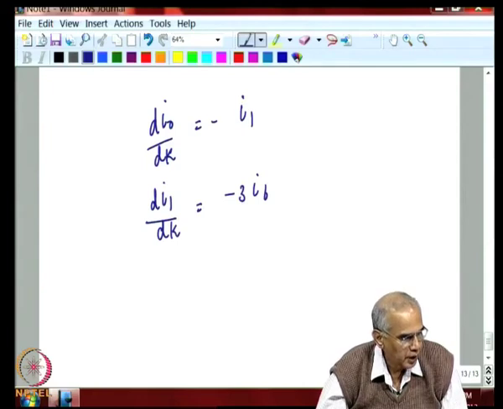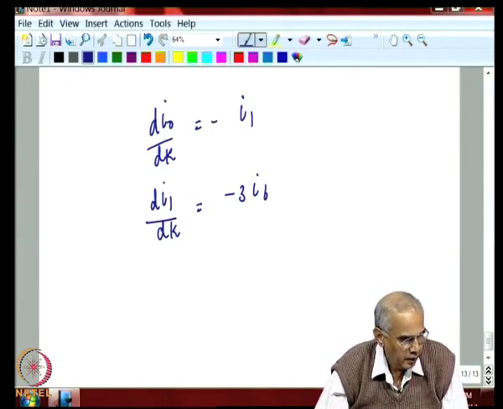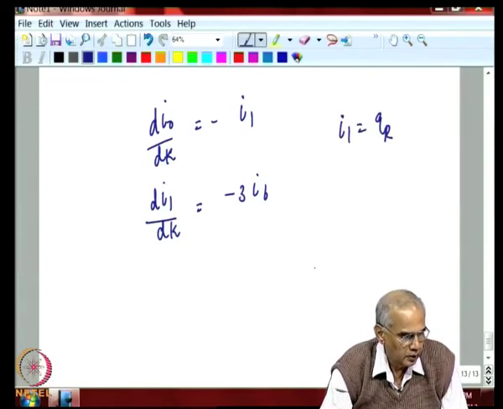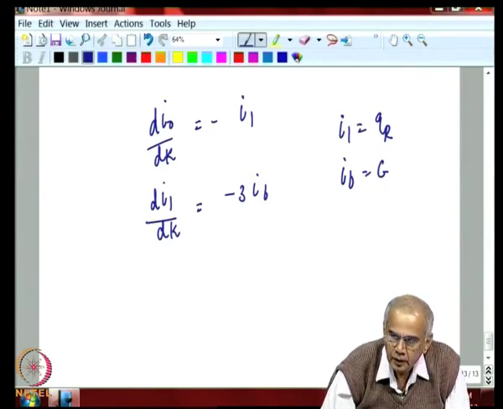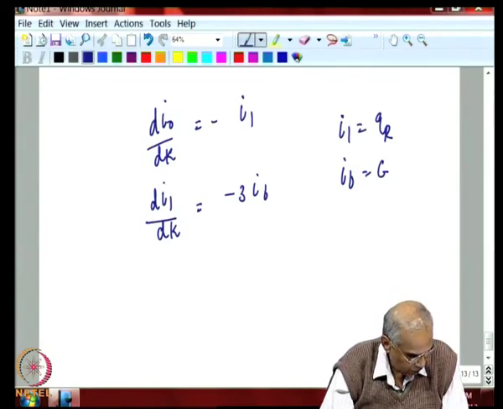And so, d I 1 d kappa will be related to the outgoing flux, which we have already invoked earlier, and the only thing you have to do now is rewrite in terms of the radiative flux, which, if you recall, in this case I 1 is nothing but Q r and I 0 is nothing but G that we already used. And you can actually then solve the equation.